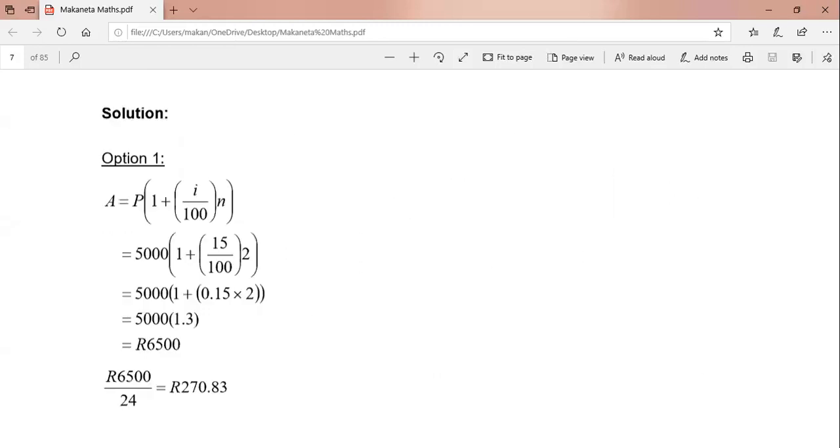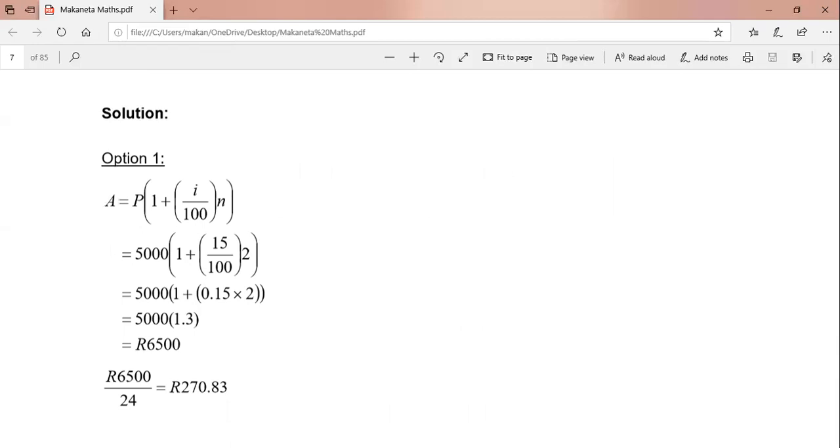Now let's look at option 1. If Thabo had gone with option 1, he would have to follow the simple interest formula: A is equal to P into 1 plus i n.